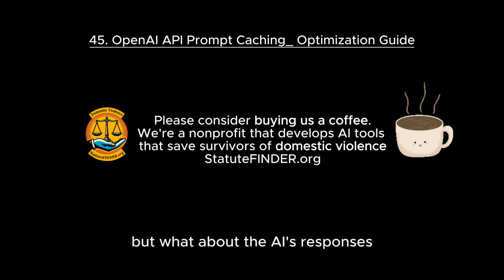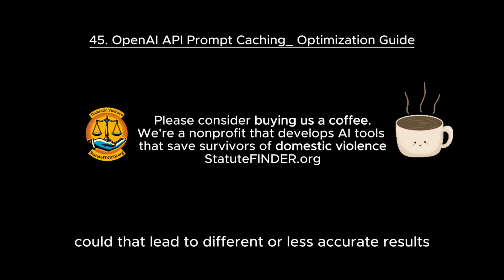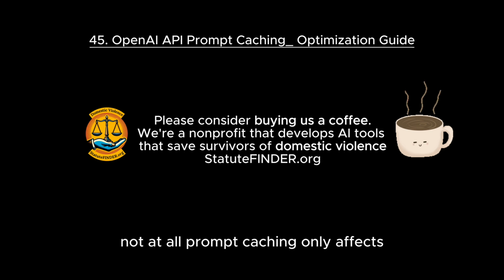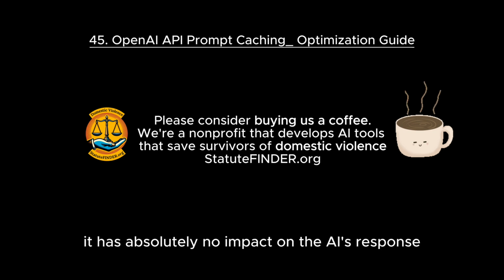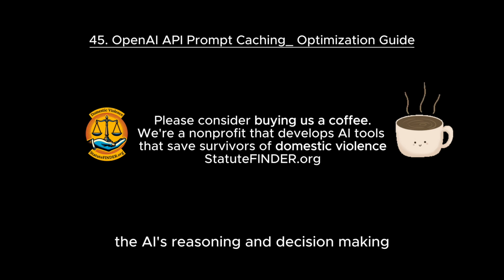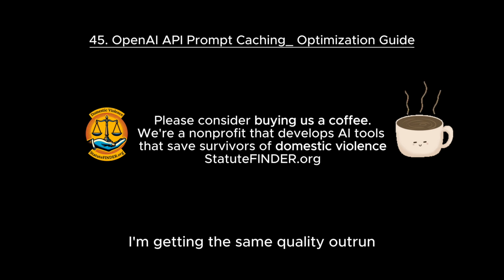But what about the AI's responses? If it's reusing calculations, could that lead to different or less accurate results? Not at all. Prompt caching only affects the speed and cost of processing the request. It has absolutely no impact on the AI's response. The AI's reasoning and decision-making process remain completely untouched. So whether the system uses the cache or processes the whole thing from scratch, I'm getting the same quality output.